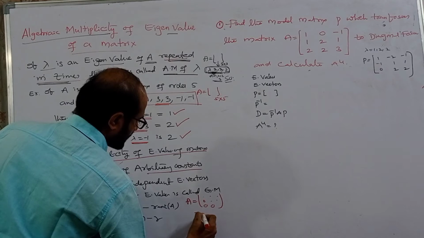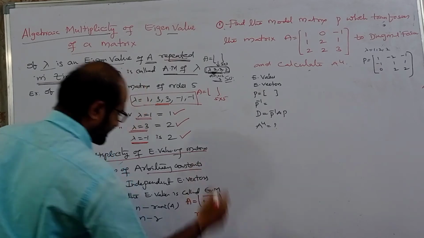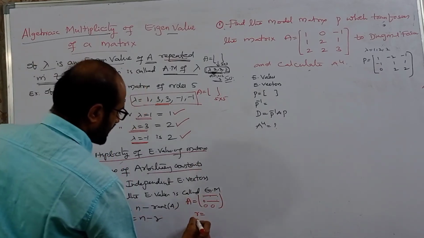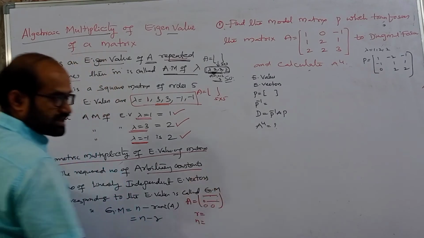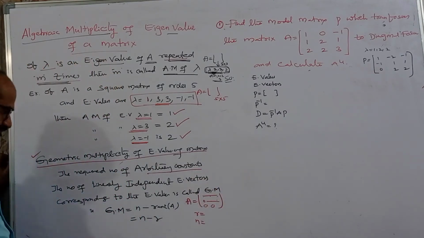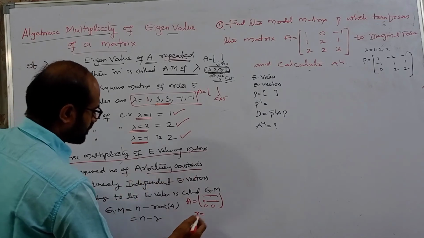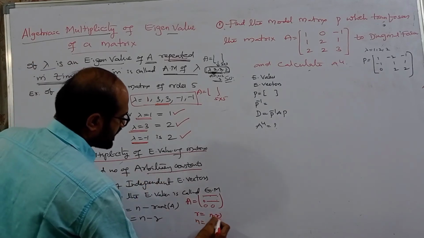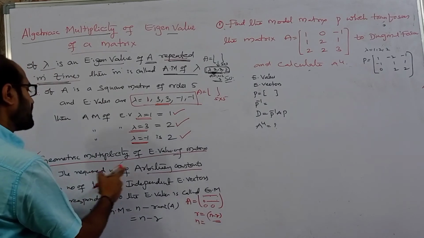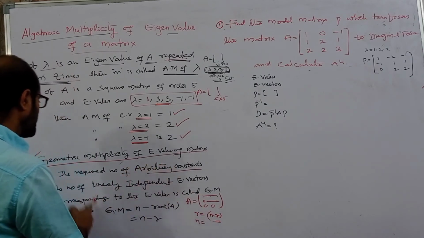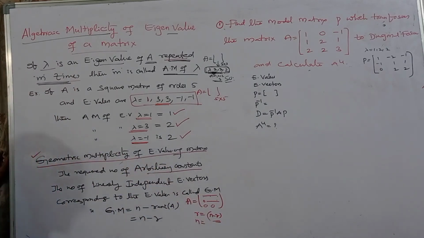You know, rank is the number of non-zero rows, right? n is the number of variables x1, x2, x3. Then the required number of arbitrary constants, how many arbitrary constants can we choose generally? n minus r. So the required number of arbitrary constants is called the geometric multiplicity.